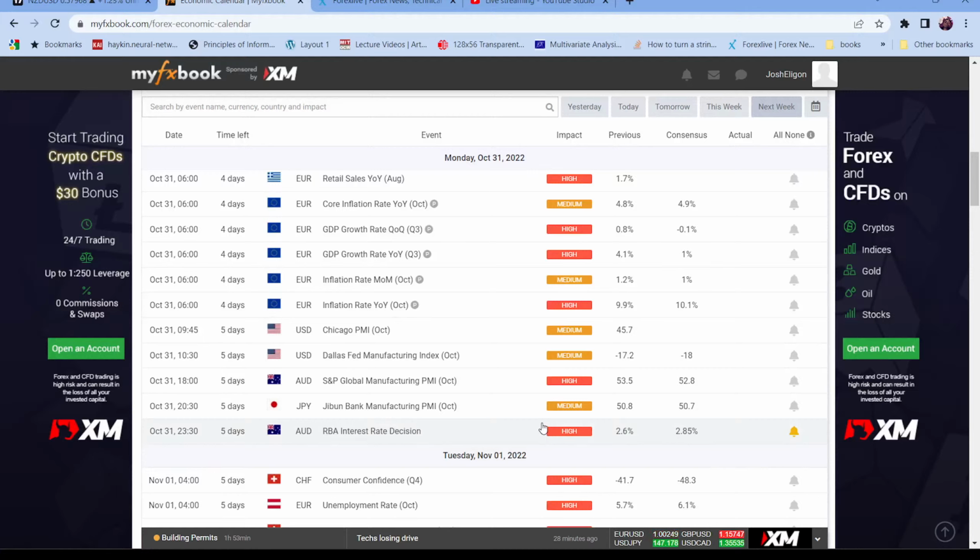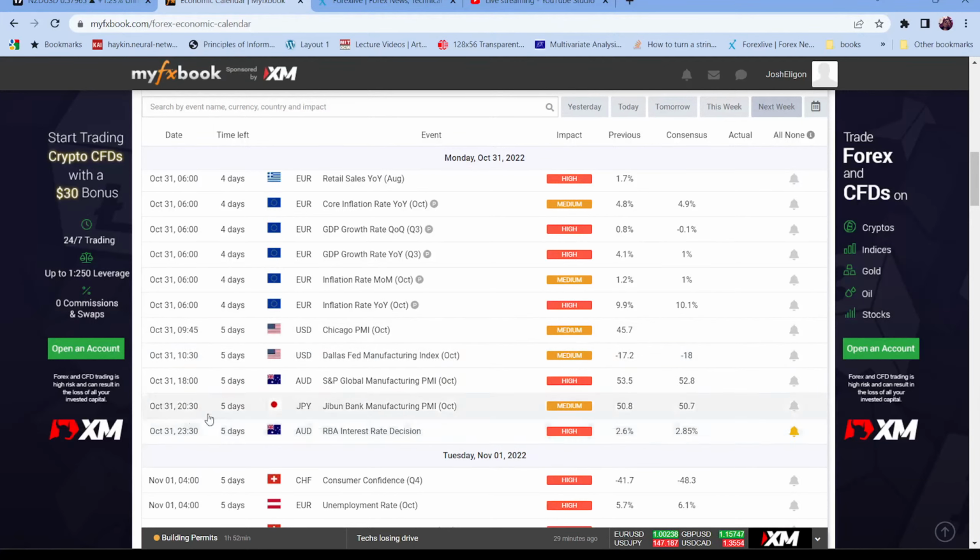That may negatively impact the Aussie dollar, just because interest rates in the other economies have been rising gradually at a quicker pace than the AUD, as you can see here. We just expected a 0.25 percent increase, right?